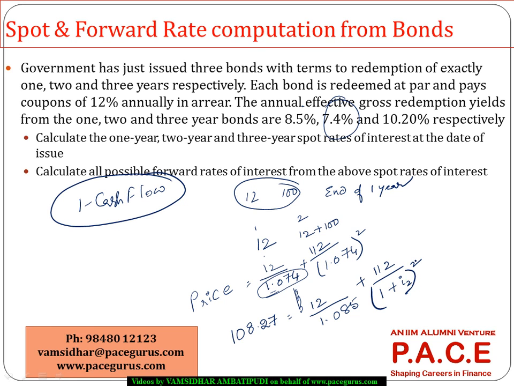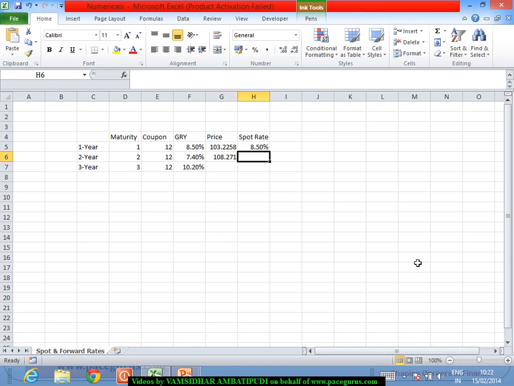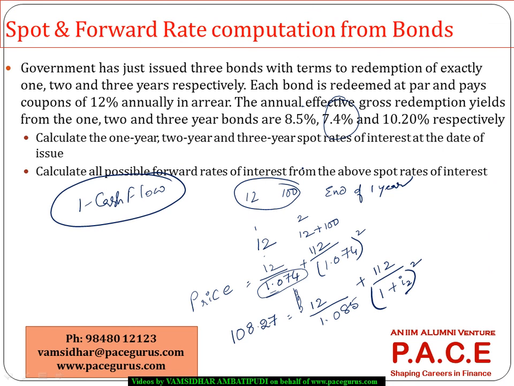So in this case I can say 108.27, and as a basic calculation, 112 divided by 1 plus I2 squared is equal to this minus this.